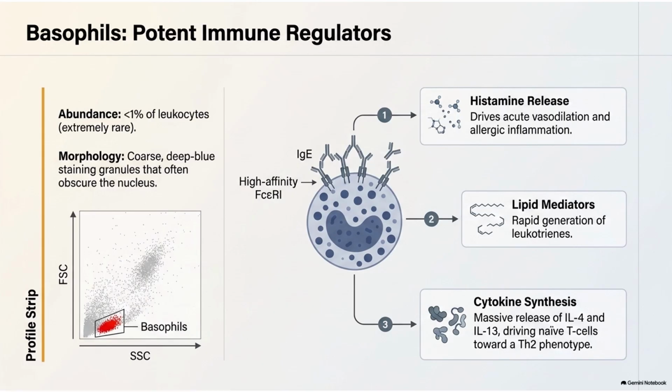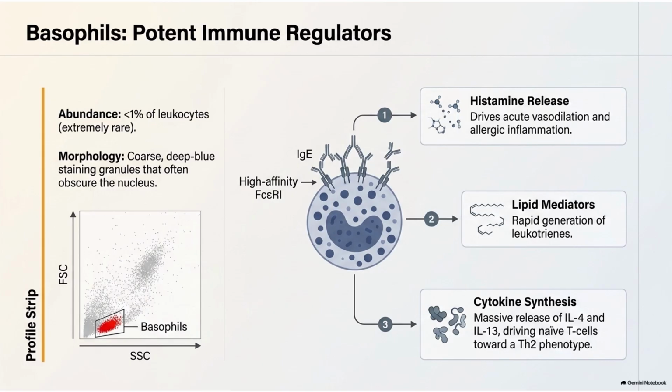When appropriately activated, they can rapidly release preformed mediators such as histamine and generate additional lipid mediators and cytokines. Histamine can influence vascular permeability and blood flow, while cytokines such as interleukin 4 and interleukin 13 can help shape the surrounding immune response.